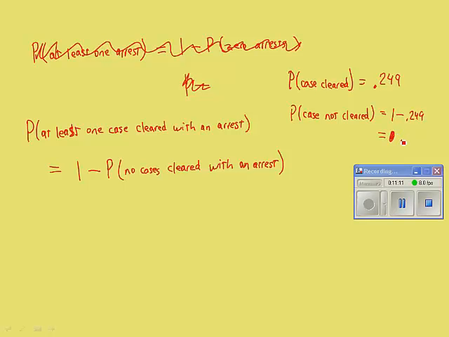I guess it's 0.751, right? So this is going to equal 1 minus 0.751 raised to what power? 10th. Because we need all 10 of those cases to not be cleared.